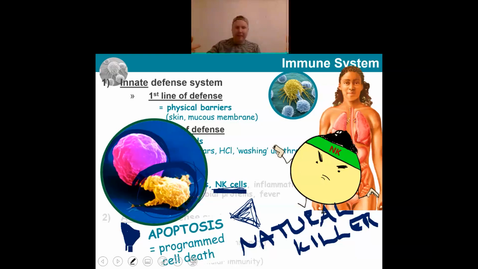It commits programmed cell death. You can think of it, if you like Star Wars for example, like going to the Death Star, pushing a button so that it kills itself, and then leaving. That's what natural killer cells do.